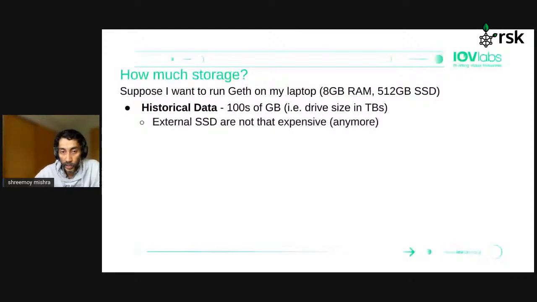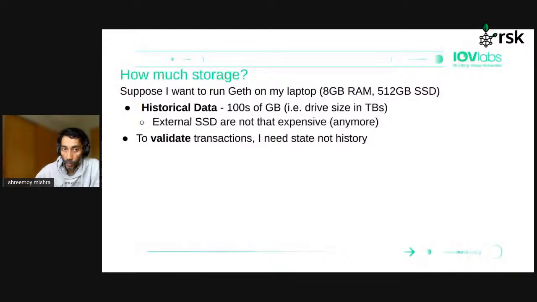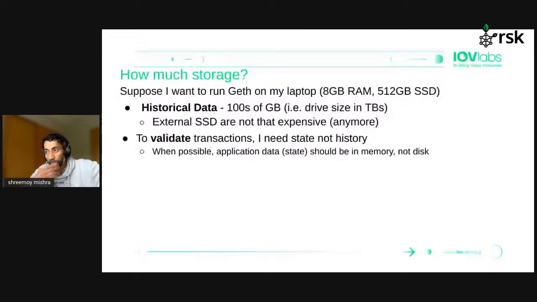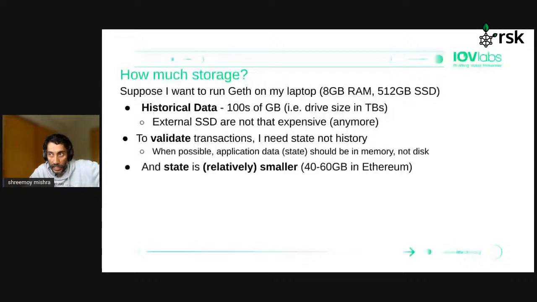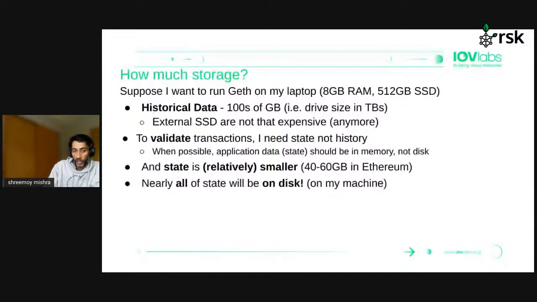Okay. But what about state, which is the other type of blockchain memory that we're talking about? In Ethereum, the current size of the state is somewhere around, depending on how you measure it, anywhere from 40 to 60 GB. And let's recall that to process transactions, what I need to verify them is state, not history. And so the state is relatively smaller, 40 to 60 GB and not a terabyte, but that's what I need to process and verify transactions.